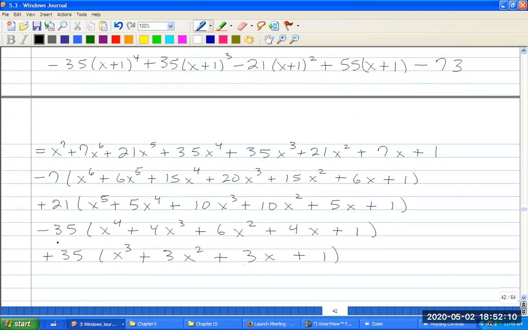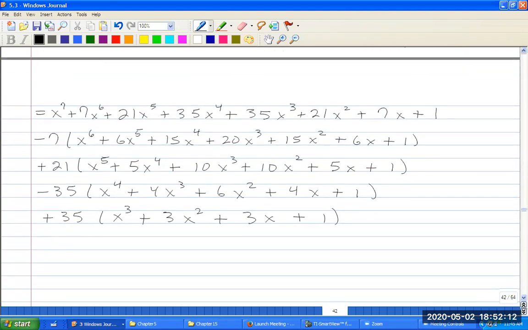Minus 21 times x squared plus 2x plus 1. That's 21, plus 55x minus 73.